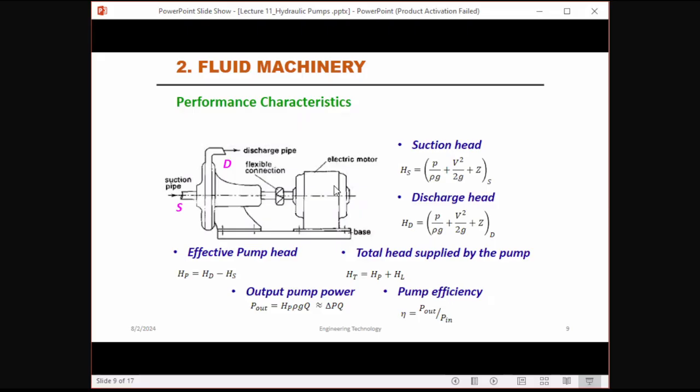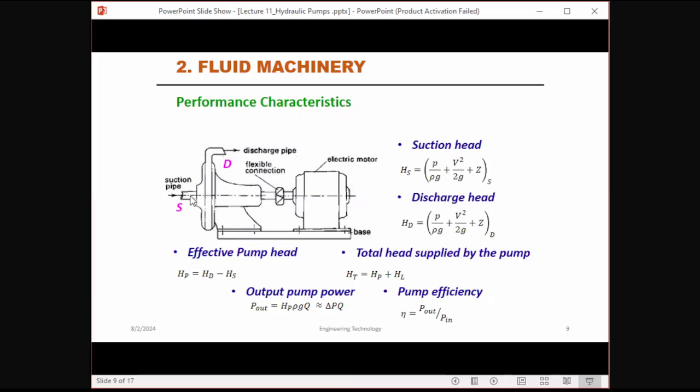Here you can see a centrifugal pump, and you can calculate suction head. Here you can see a suction pipeline connected with the pump in this location. Using this location, you can connect the discharge pipeline.